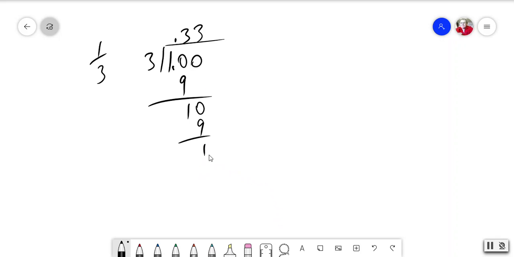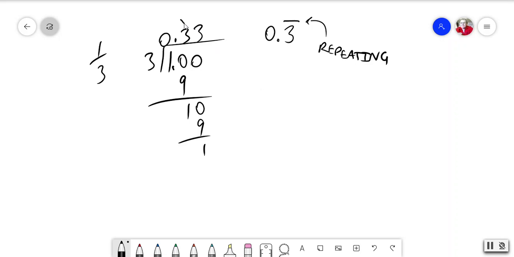And so if I were to keep going, as long as there's a remainder, I'd be going for all eternity. And none of us has that much time to spare to do a math problem. So you could say 0.3 and put a bar over it. The bar means repeating.